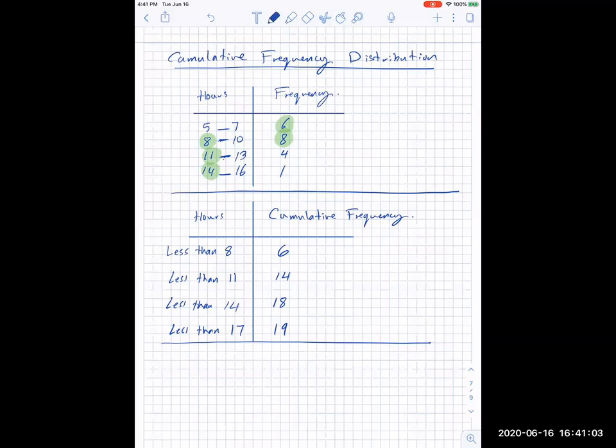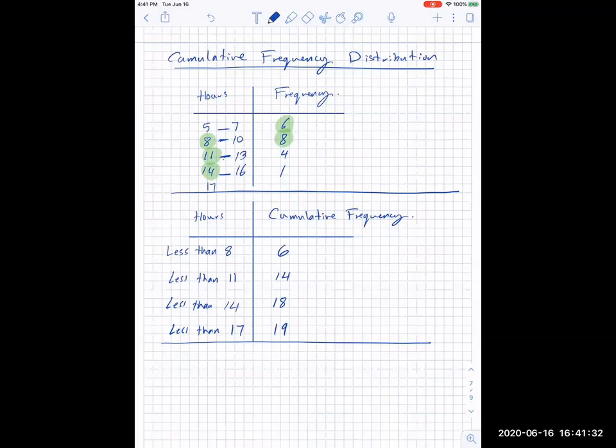If I use the same pattern, this should be 17. I don't want to say less than 16, because then I will not be able to count the one that I have here in the last class. So keep the same pattern, 8, 11, 14, 17. Be consistent when you construct your cumulative frequency.